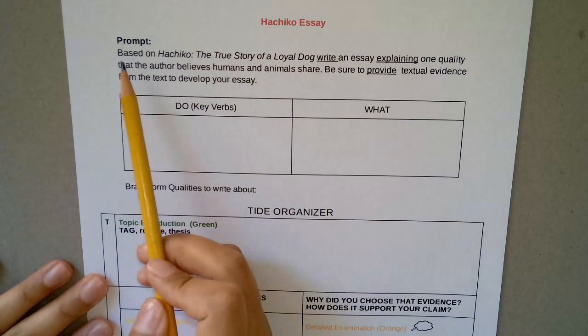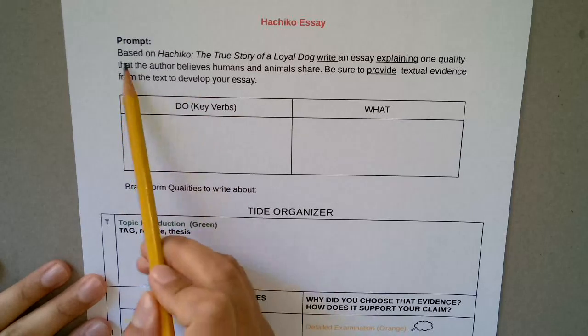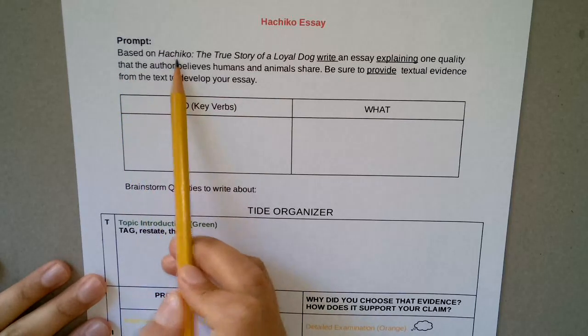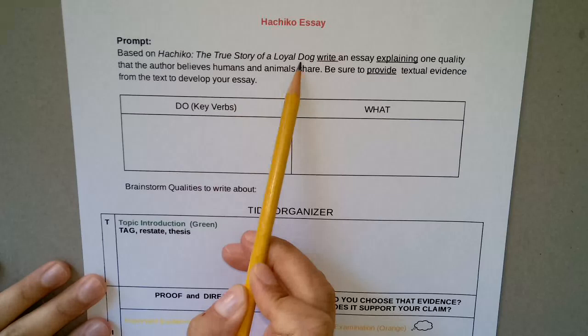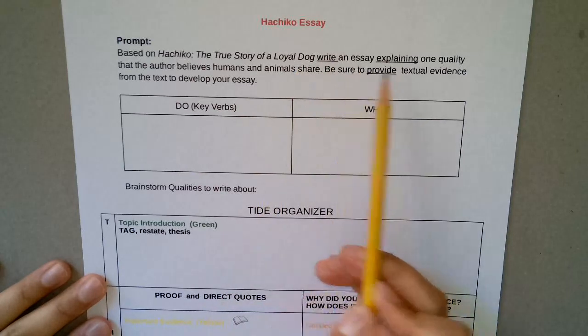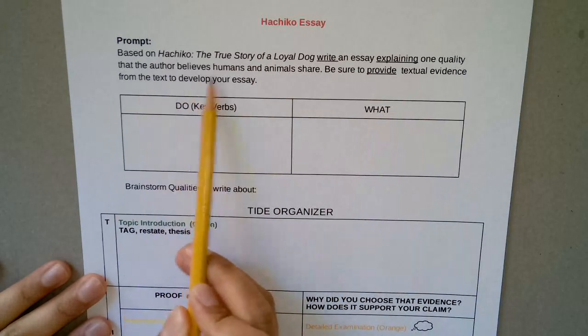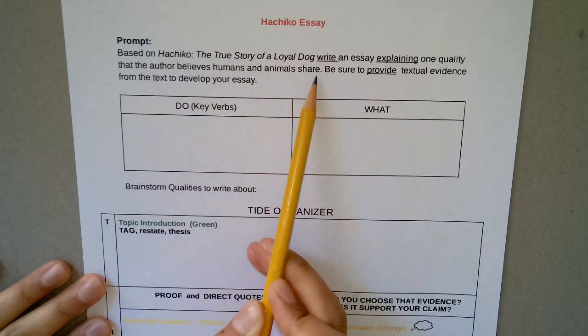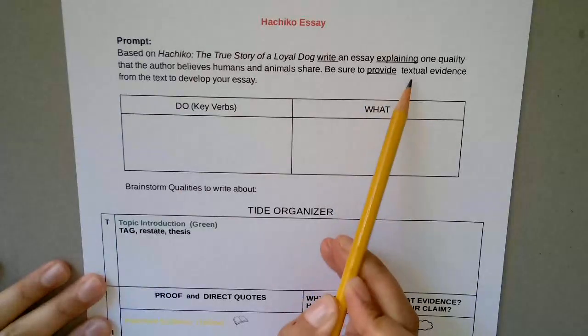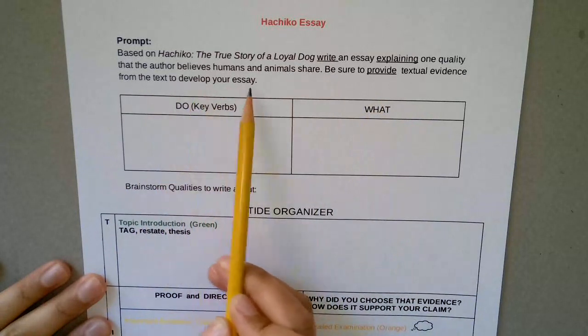So the prompt says, based on Hachiko, the true story of a loyal dog, write an essay explaining one quality that the author believes humans and animals share. Be sure to provide textual evidence from the text to develop your essay.